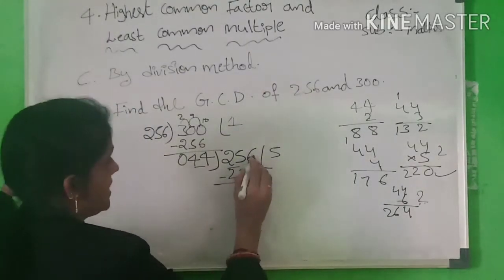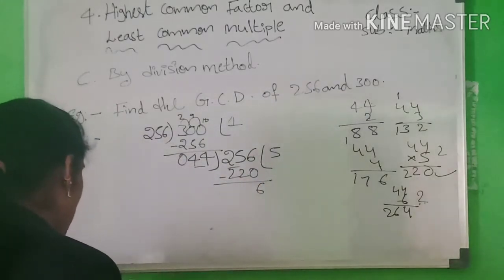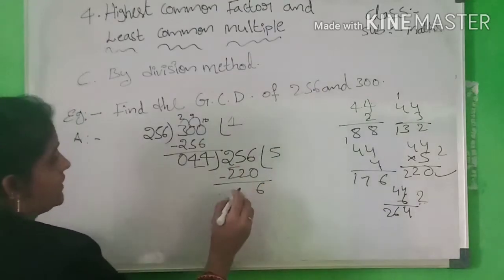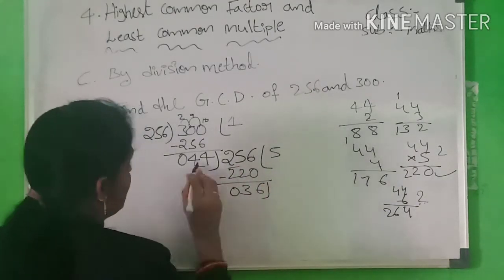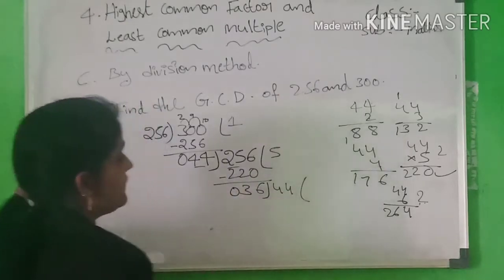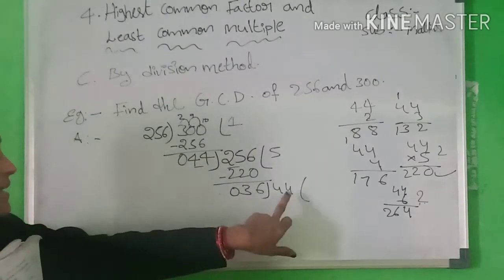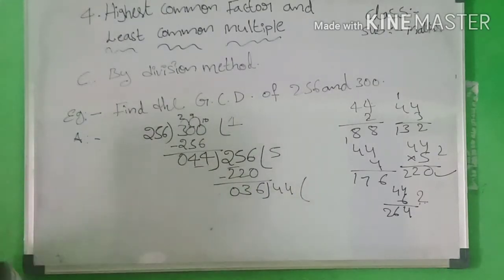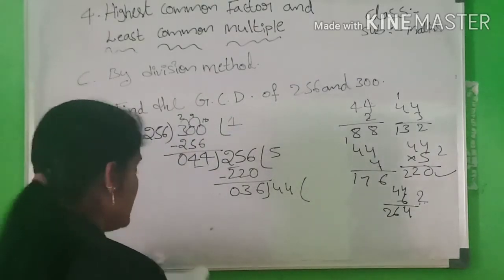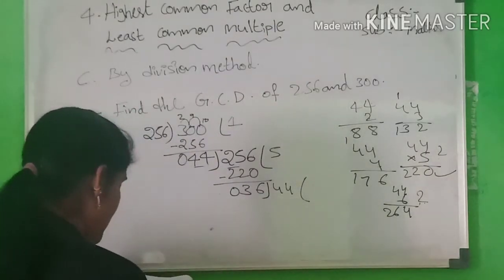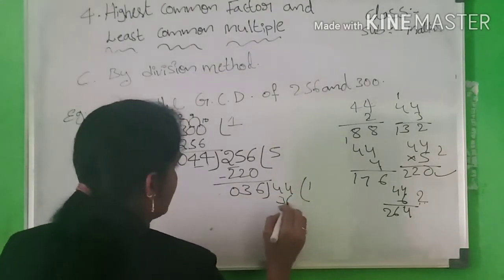You have to do subtraction. 6 minus 0 is 6, 5 minus 2 is 3, 2 minus 2 is 0. The remainder is 36. Now divide 44 by 36. 36 table in 44: 36 ones are 36.